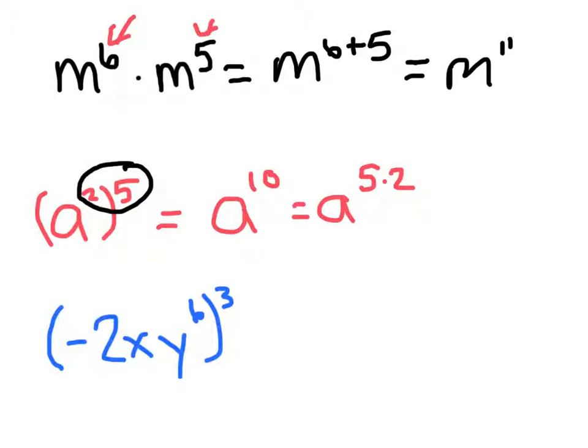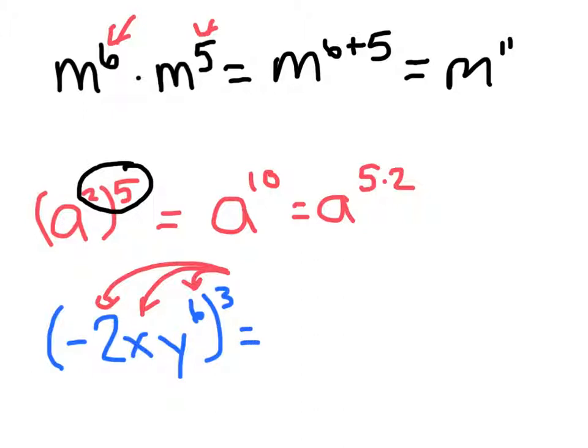All right, a product raised to a power is the next one. So we have negative 2xy to the 6th, all to the 3rd power. So we're going to distribute this 3 here, here, and here, right after each of the numbers.